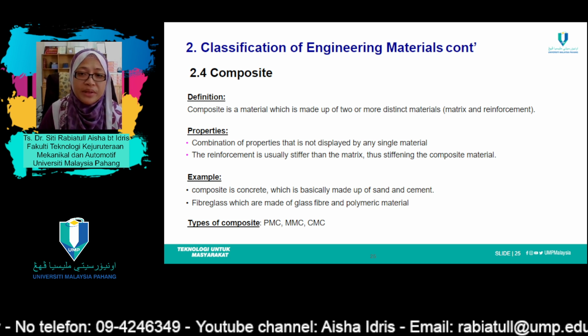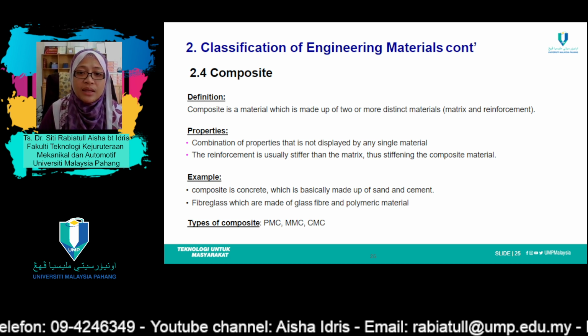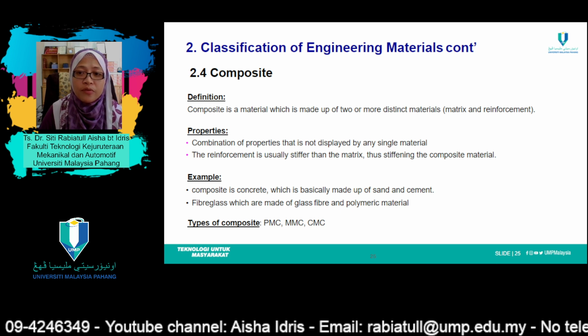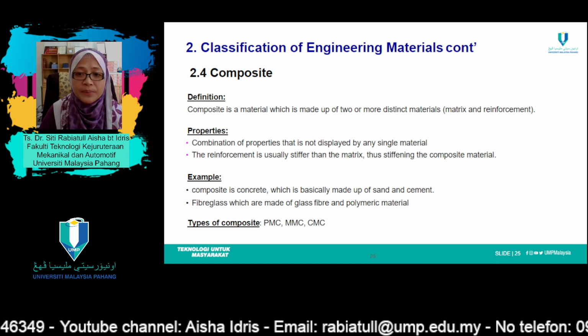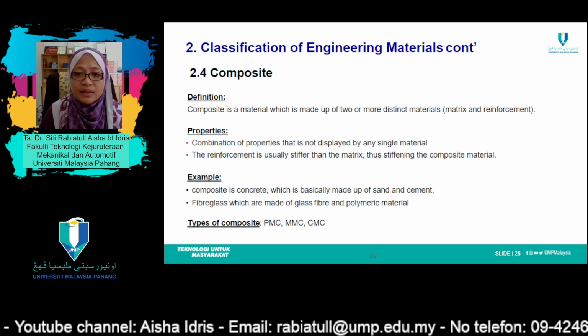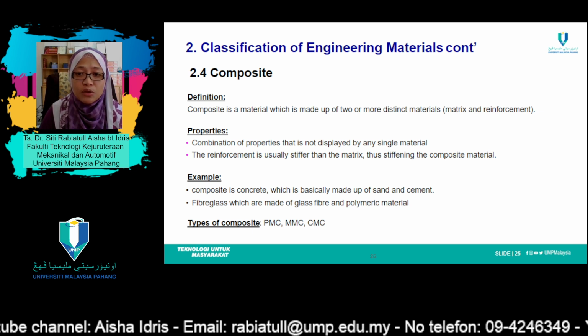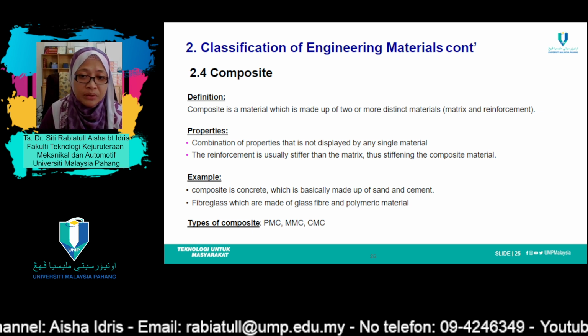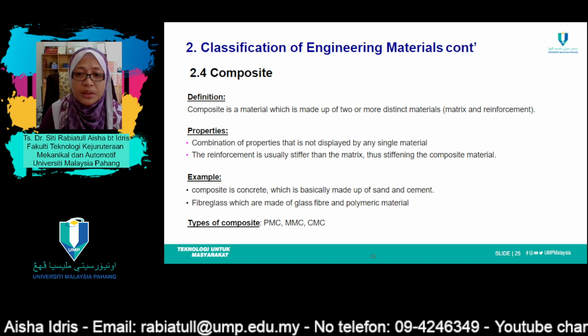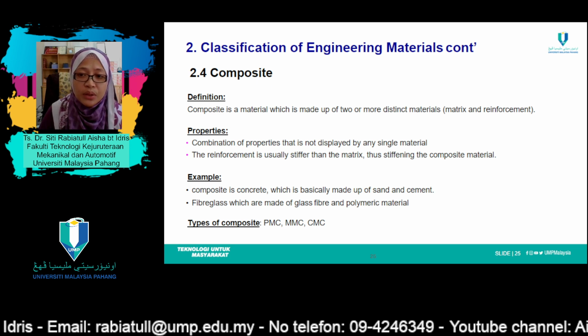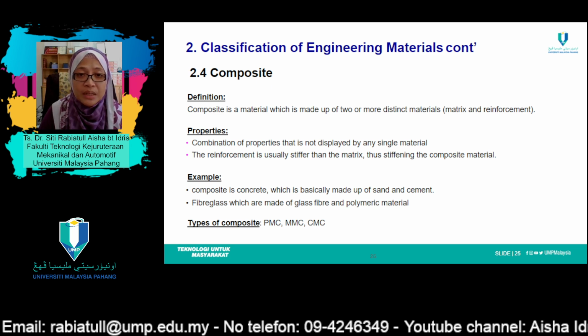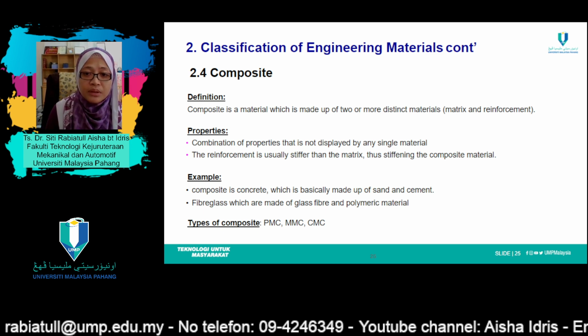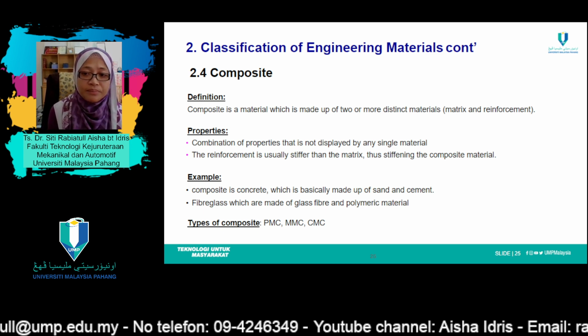Number 4 is composite. Composite is a material which is made up of two or more distinct materials. Its properties are a combination of properties that is not displayed by any single material. The reinforcement is usually stiffer than the matrix, thus stiffening the composite material. For example, concrete, fiberglass.